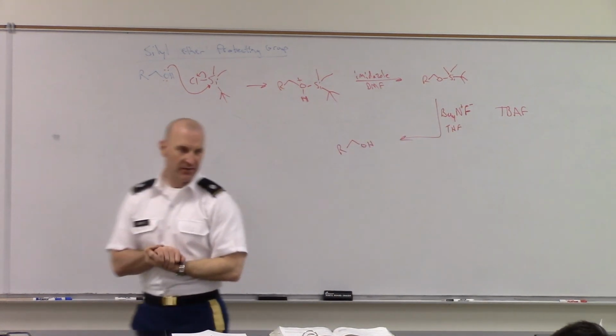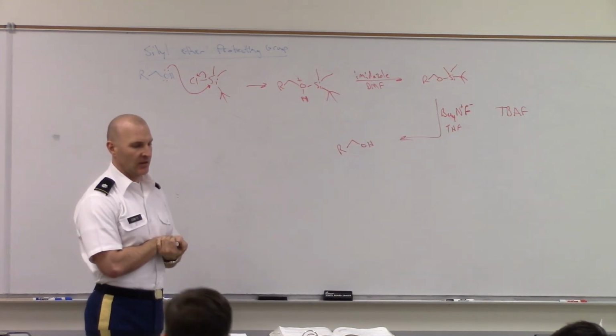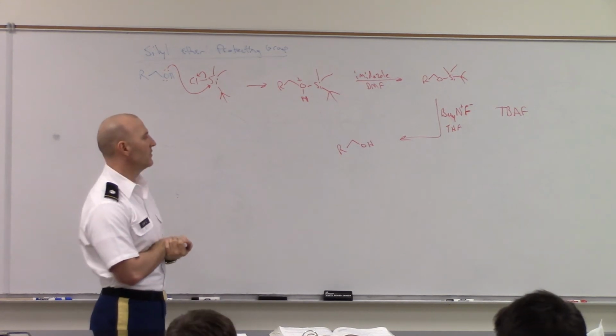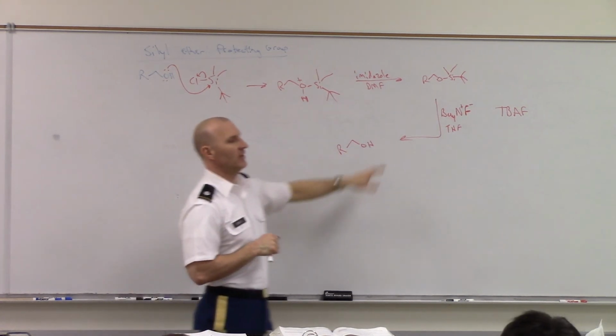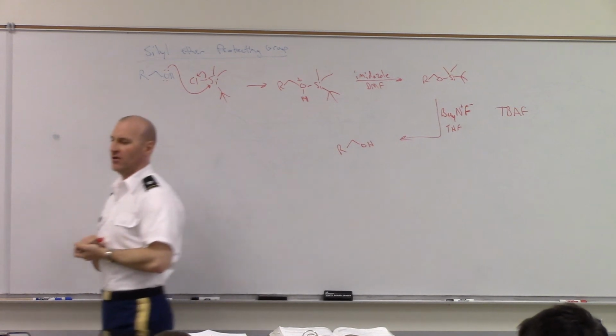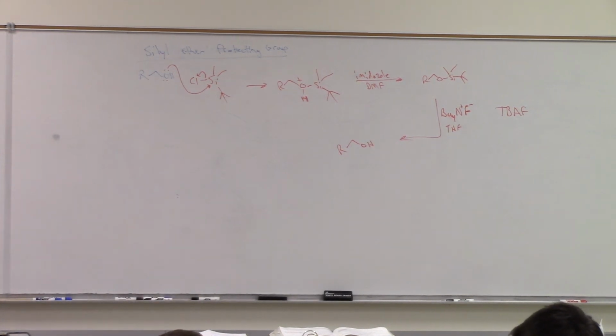The good thing about this is you have a very specific reagent to take off the protecting group. So you don't have to worry about whether it's in an acidic or basic environment and losing your protecting group as you go through it.